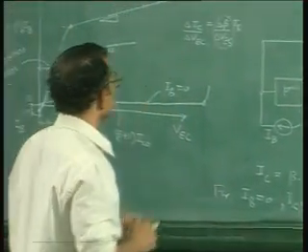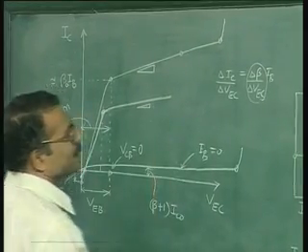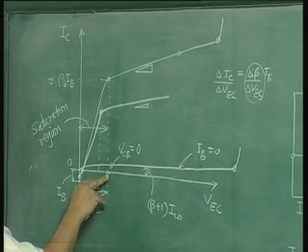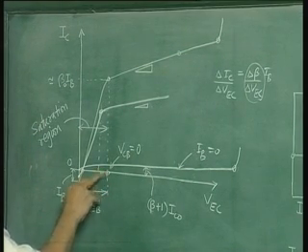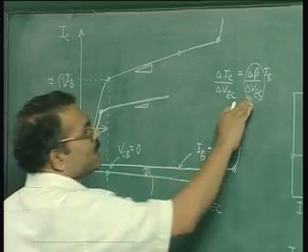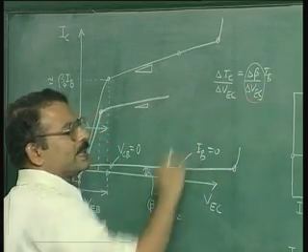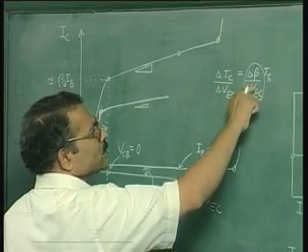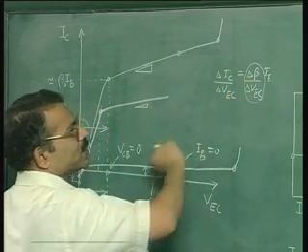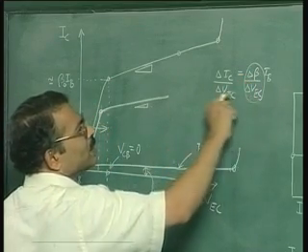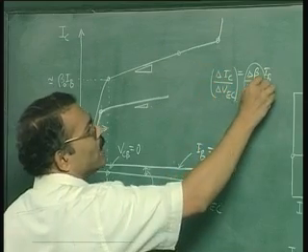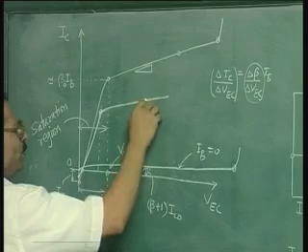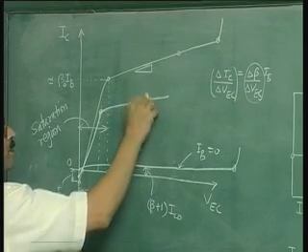We found that delta beta depended only on the change in the collector base voltage, and since the change in the emitter base voltage is rather small because emitter base is forward biased, change in the emitter collector voltage is almost the same as the change in the collector base voltage. So this quantity does not change much, it is almost constant, therefore this ratio depends on IB, it is proportional to IB, therefore the slope will be smaller for a smaller value of IB.